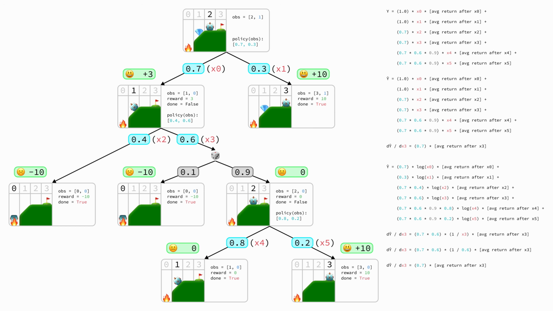So if each of these sums give you the same gradient, why use one over the other? It turns out you can use both, but the log version actually, in my tests, is computationally a little bit more efficient. You can think about it because most of these probabilities use something like a normal distribution or a softmax function. And in those functions, we're taking a value and exponentiating it to get our probability.